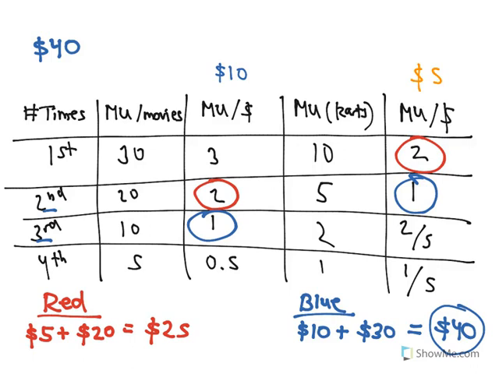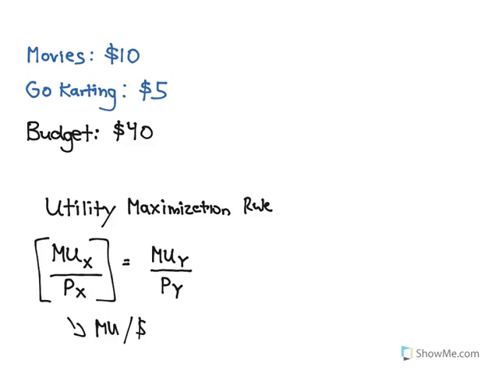Okay? The last thing I want to talk about here, going back to the utility maximization rule, is sometimes they'll give you the MU per dollars. They'll say, okay, for good X, the MU per dollar is just 6 utils, and the MU per dollar for Y is 7. And then they're going to ask you, how would you advise this person in changing how much money they're spending on each good?